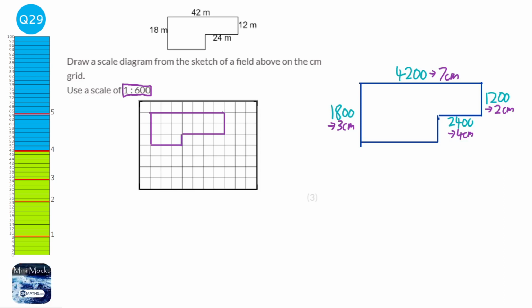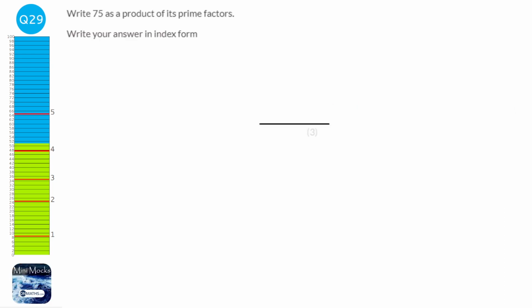And that's our diagram. There's a few different methods to find the product of prime factors, but I prefer using the bubble method. So we put a circle around 75, and we want to split it up into 2 numbers that multiply together to make it. I always pick the smallest that I can think of, which is normally 2, but on this occasion, the easiest one for me would be 5.